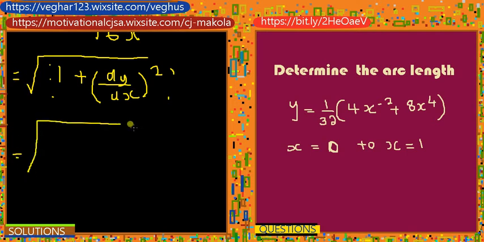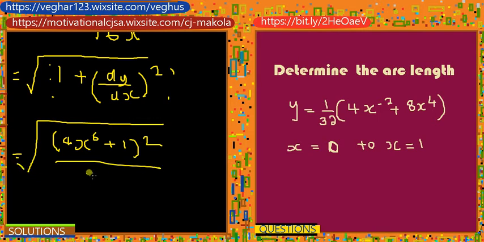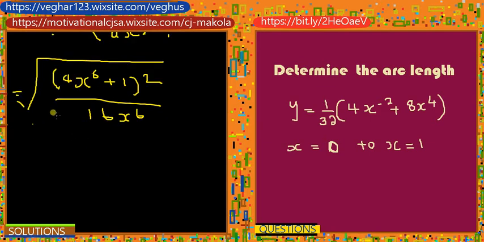Putting a square root on top, here you have (6 plus 1) squared all over 16 raised to 6. So you have something like this.